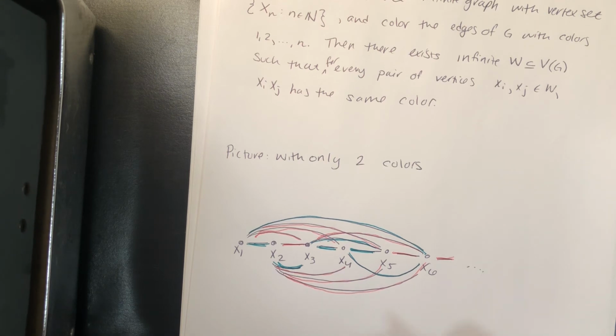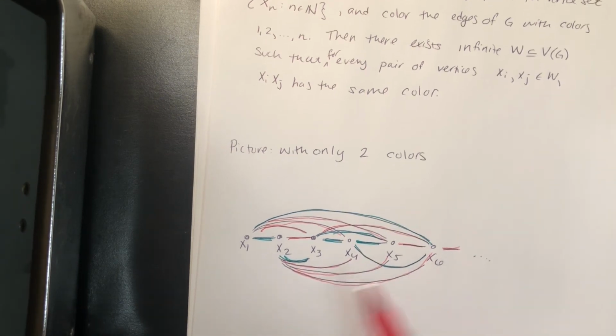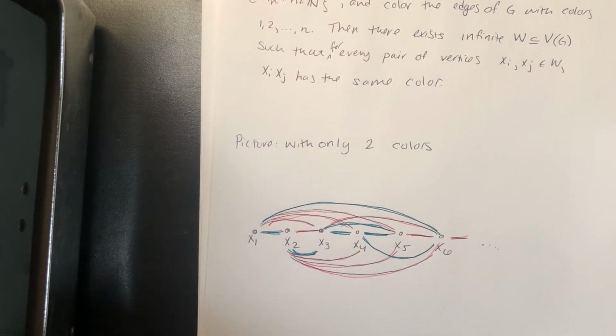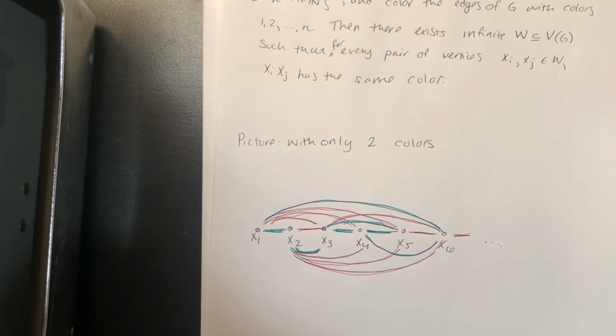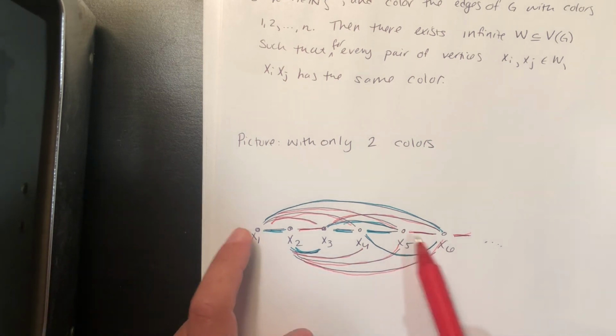So I can't tell you what it is here because I've only listed 6 vertices, but maybe I can give you an example of a homogeneous subset. Something like, how about, oh no, I should think through this example a little bit carefully.